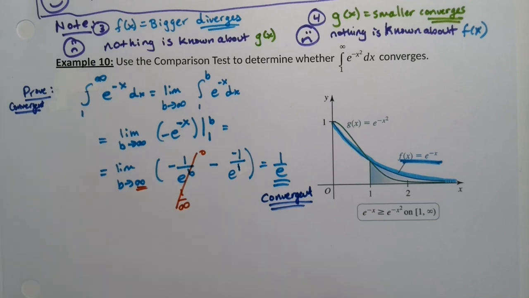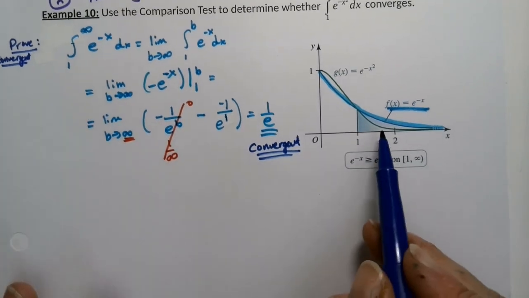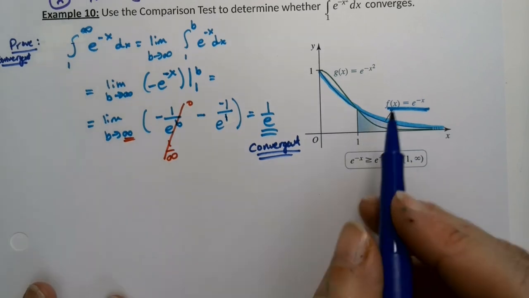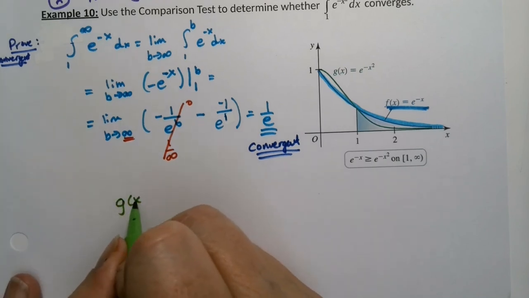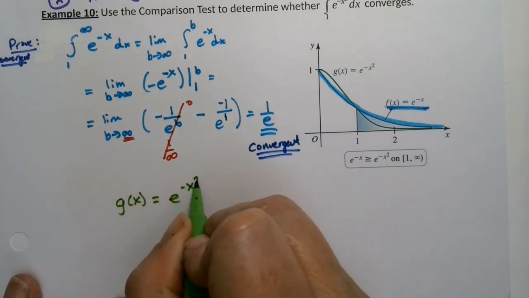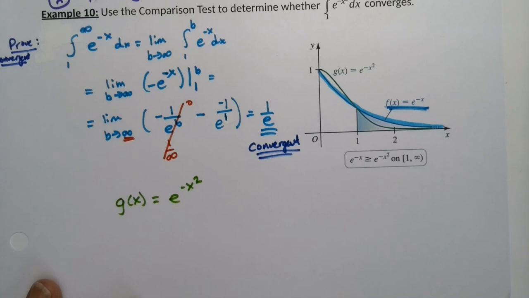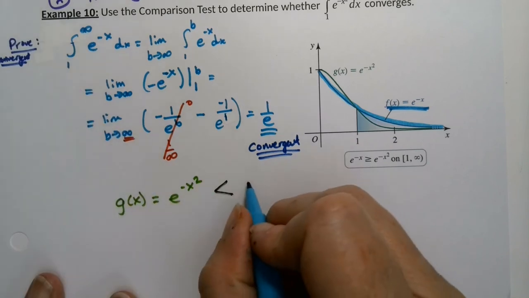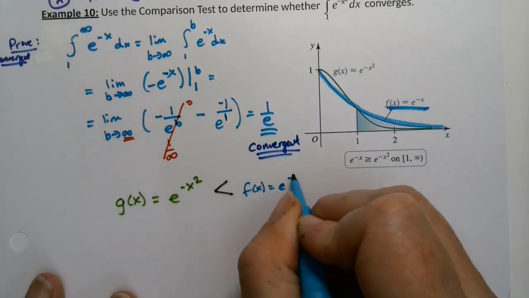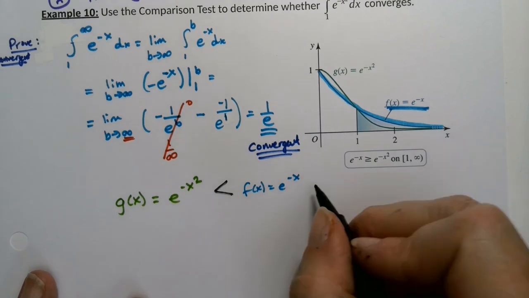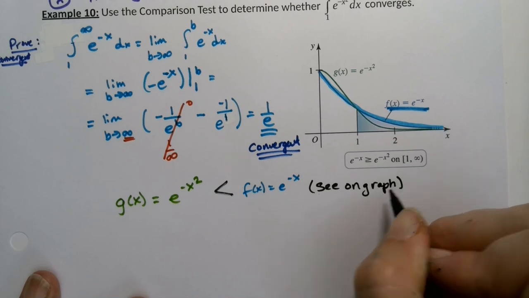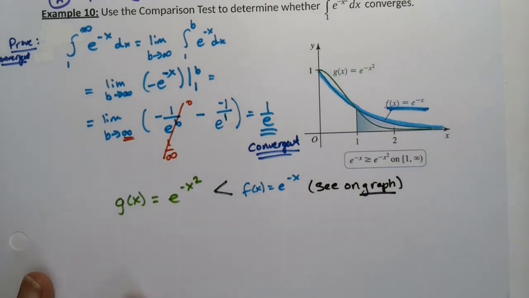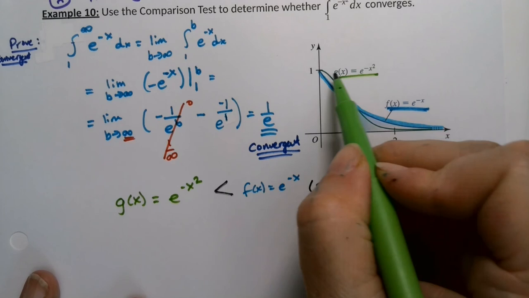Now I need to prove that e to the negative x squared is less than or equal to e to the negative x. So g of x is e to the negative x squared. That is indeed less than e to the negative x, and you can see from the graph, because I have my e to the negative x squared right here.